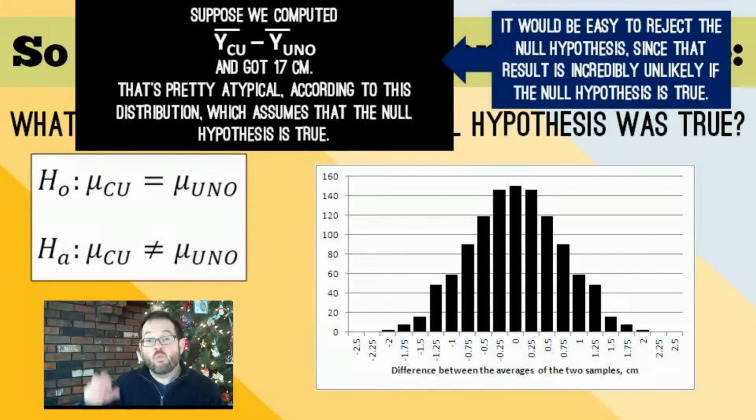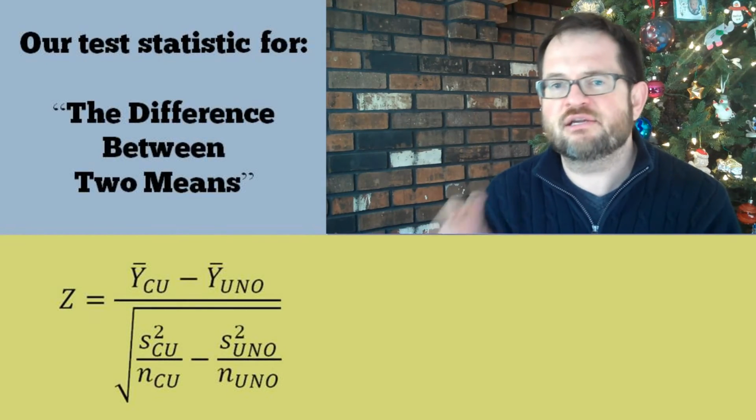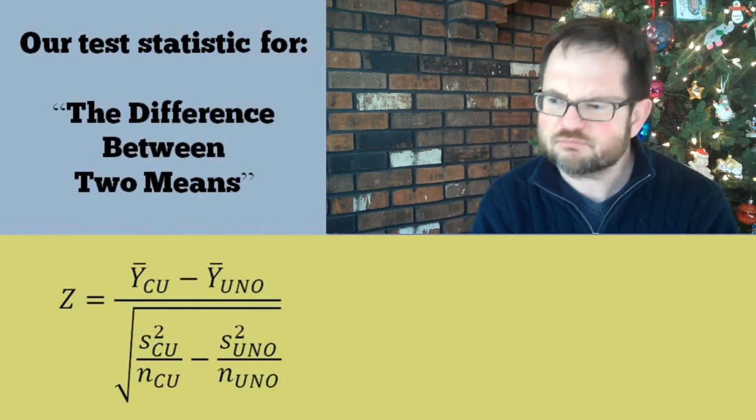So remembering then, what we want is a statistic that can help us make decisions about whether or not we can reject the null hypothesis. We need some kind of statistic that tells me, how weird is this difference between these two means, between these two averages? So what I'm going to show you here is a test statistic for the difference between two means.